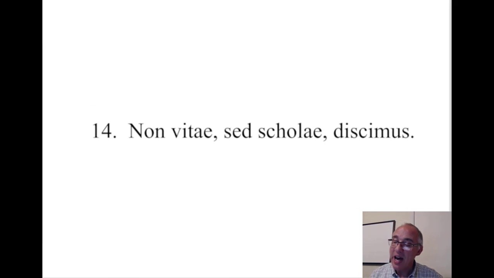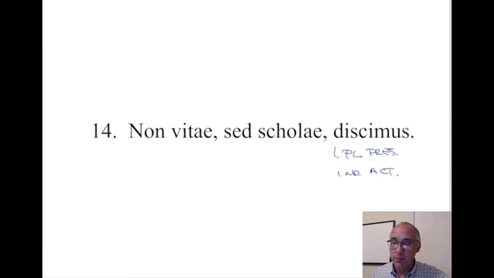14. Non vitae sed scholae discimus. This one's a tough one. It's a little annoying. We learn, discimus. First person plural, present indicative active. We dance, right? A disco, a dance. No, that's not what it means. It's what I always want it to mean. It means to learn. We get the word disciple from it.